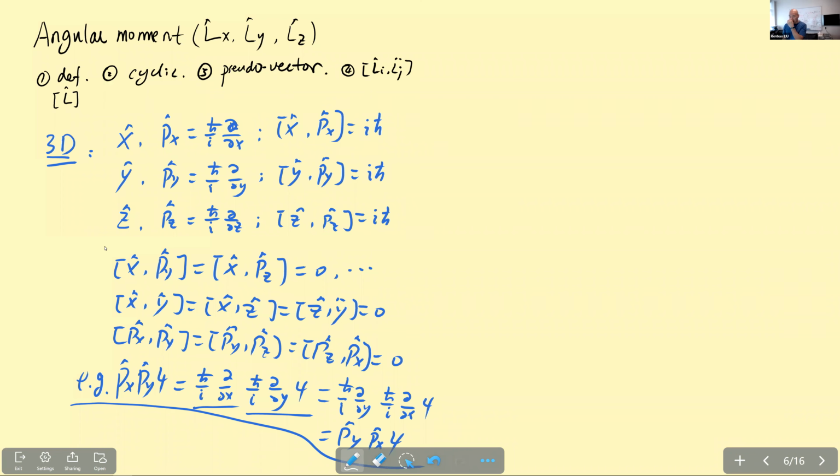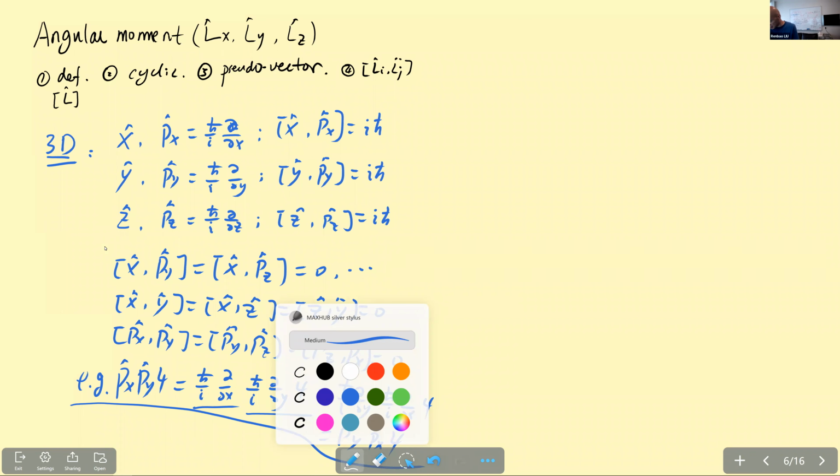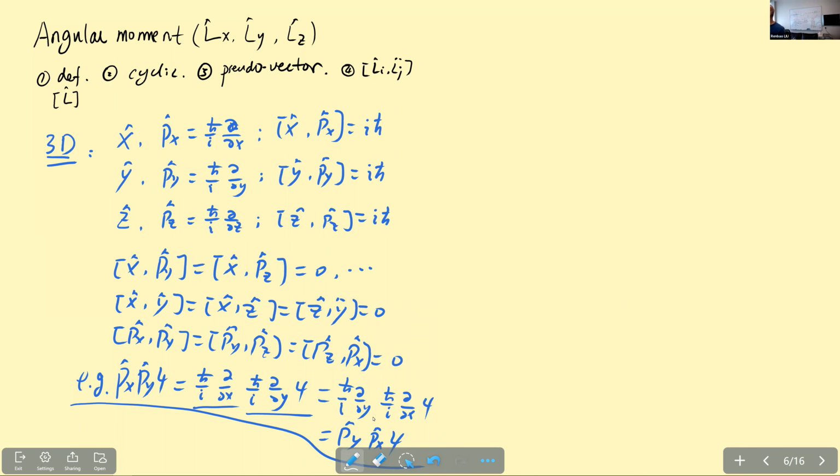Okay. And now we are ready, with these operators, to form combinations. We know that in classical mechanics, we have for angular momentum L that equals r cross the momentum p, right?